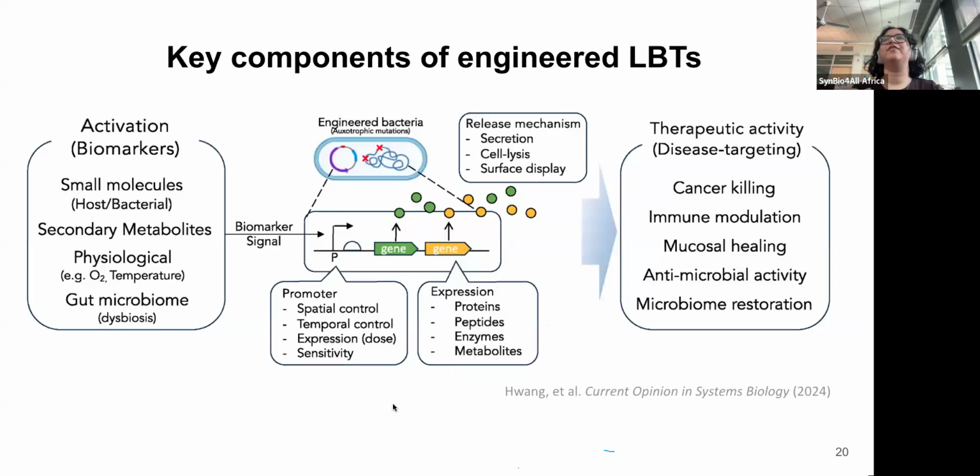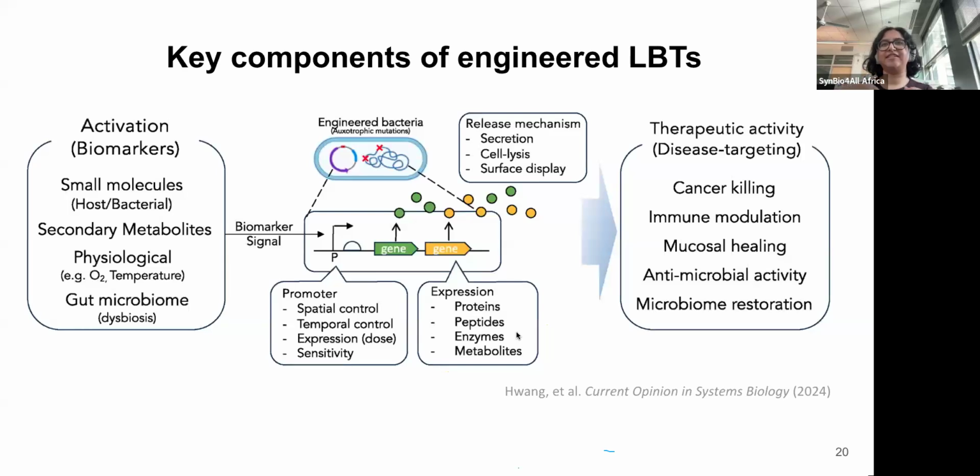So basically, if you have a low expression promoter, we'll have less of the drug produced. If we have a high expression promoter, we'll have more of the drug produced. And then the things that we can express can also change. So we can express different proteins, peptides, enzymes, metabolites, all of the same things that you've heard everyone talk about in previous lectures, we can express in these same bugs.